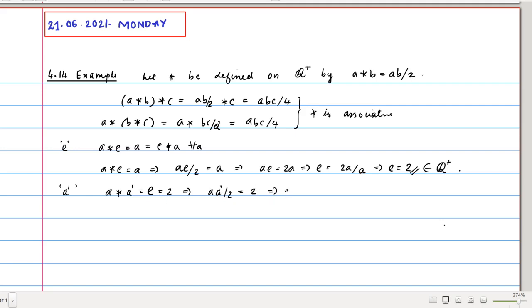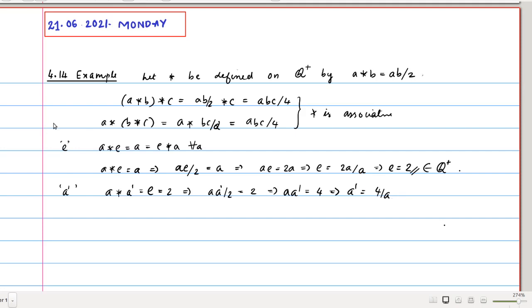So a a prime is equal to 4. This implies a prime is 4 by a. Since a is an element of Q plus, 4 by a is defined for every a belonging to Q plus. So a prime is the inverse of a. For every a we have the inverse.